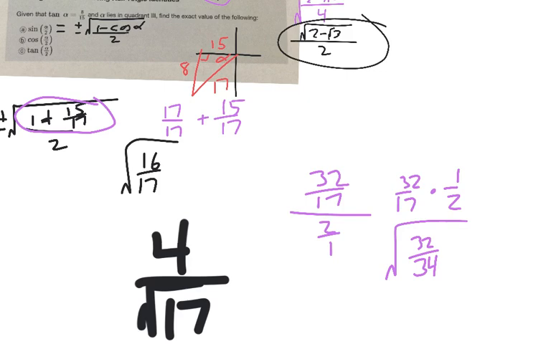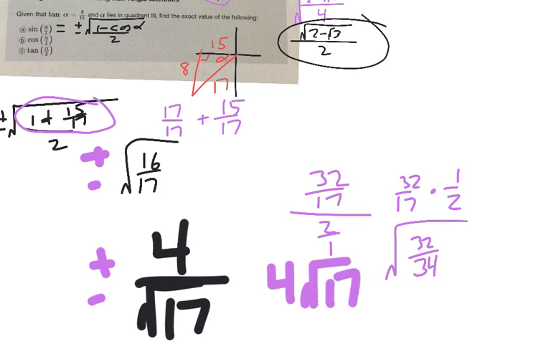But this can't be my final answer, because I need to rationalize the denominator. So I've left off all my plus or minuses. So if I rationalize the denominator, this is 4 radical 17 over 17. Everybody okay with that? Multiply by radical 17 on top and bottom.